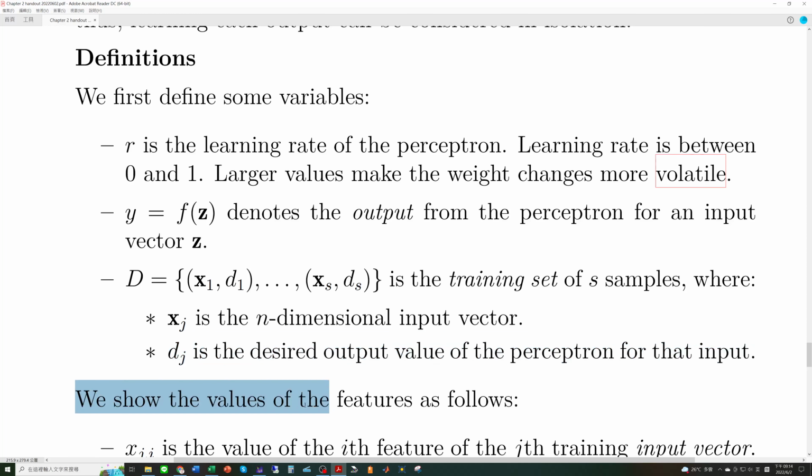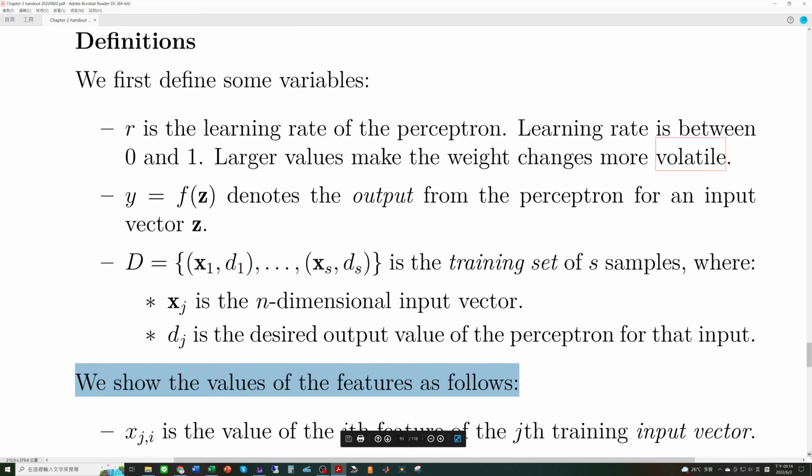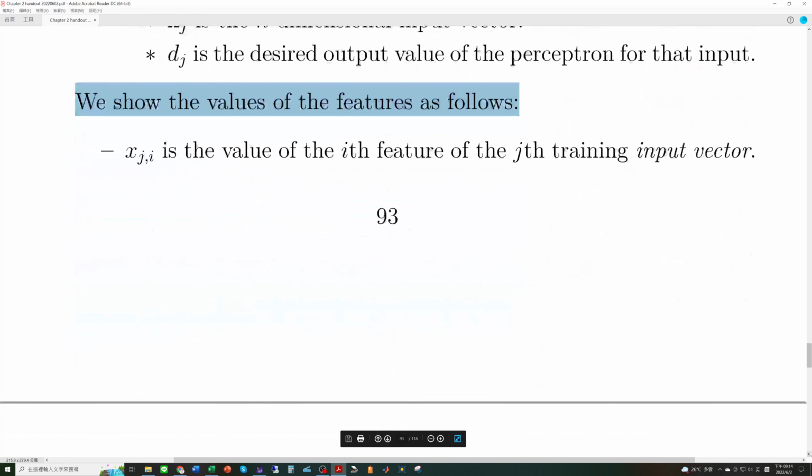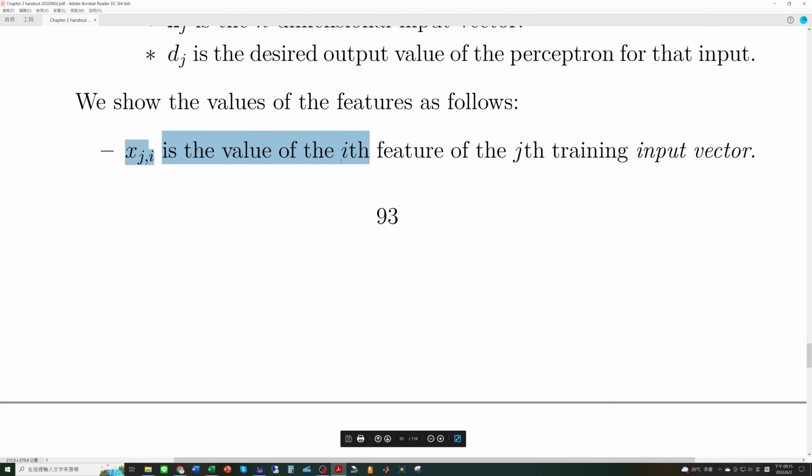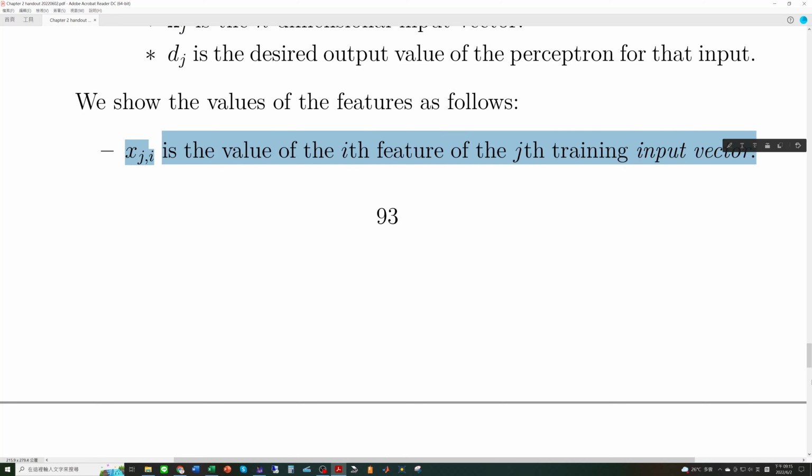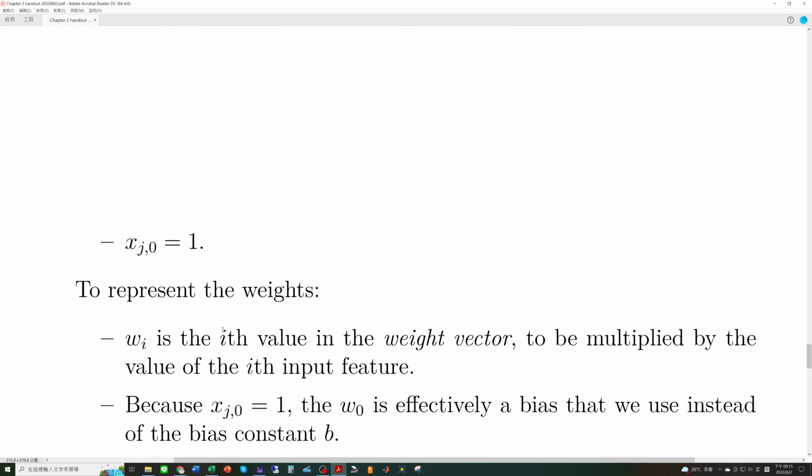We show the values of the features as follows. xji is the value of the ith feature of the jth training input vector, and xj0 = 1.